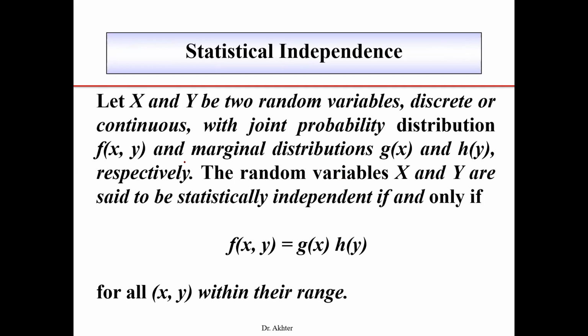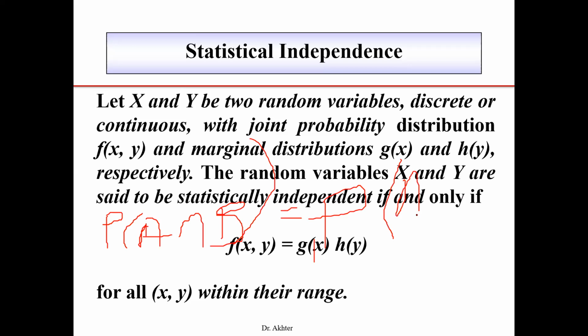This is the same formula as we learned in the previous chapter, where we were saying that probability of A intersection B is equal to probability of A multiplied by probability of B. So this is marginal of A and the marginal of B. If the product of the two marginals is equal to the joint, then we can say that they are independent.